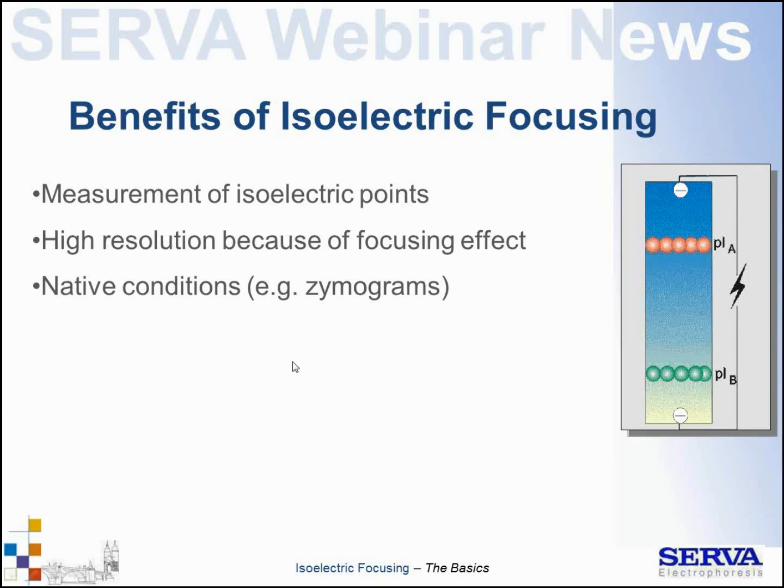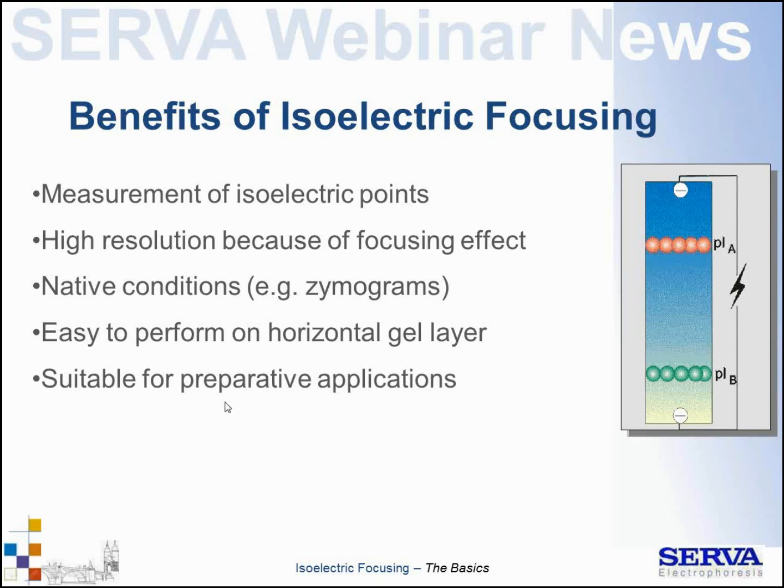I will show you an example a little bit later on that. So it is a biological reaction still done after isoelectric focusing. Running the gels is very simple, very easy on these horizontal gel layers because there are no leakages of buffers and so on. It's very easy to apply.